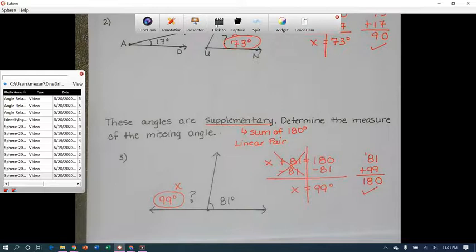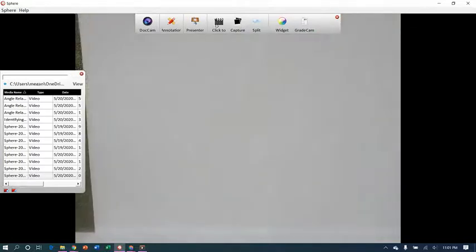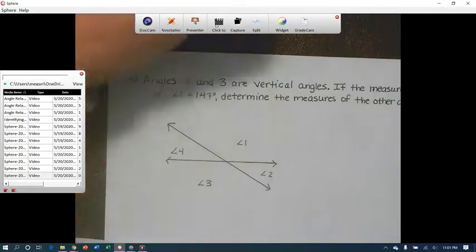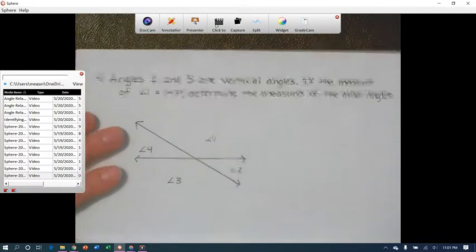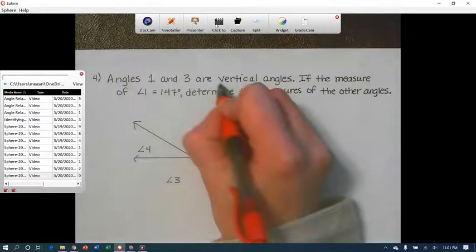And let's go on to our last example. Okay, so with this example, we're given some information, and I'm going to label my diagram based on this information. It says angles 1 and 3 are vertical angles.